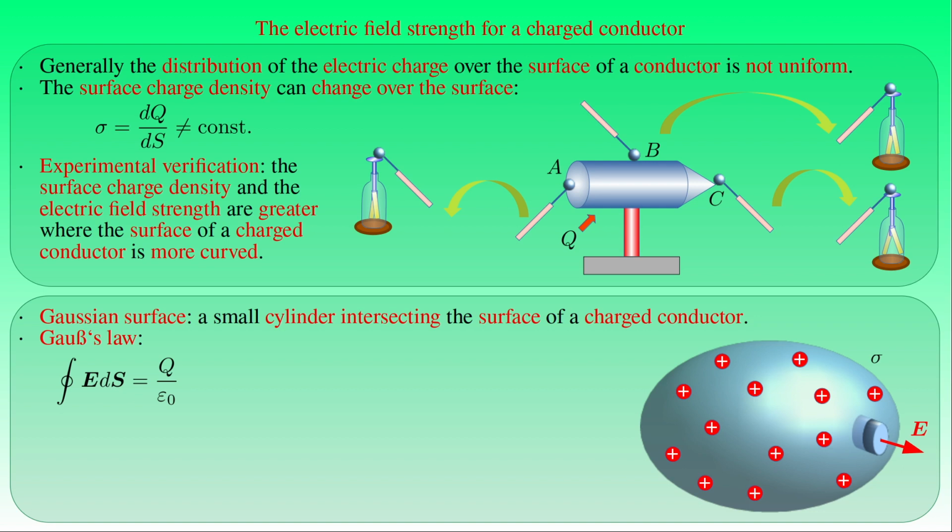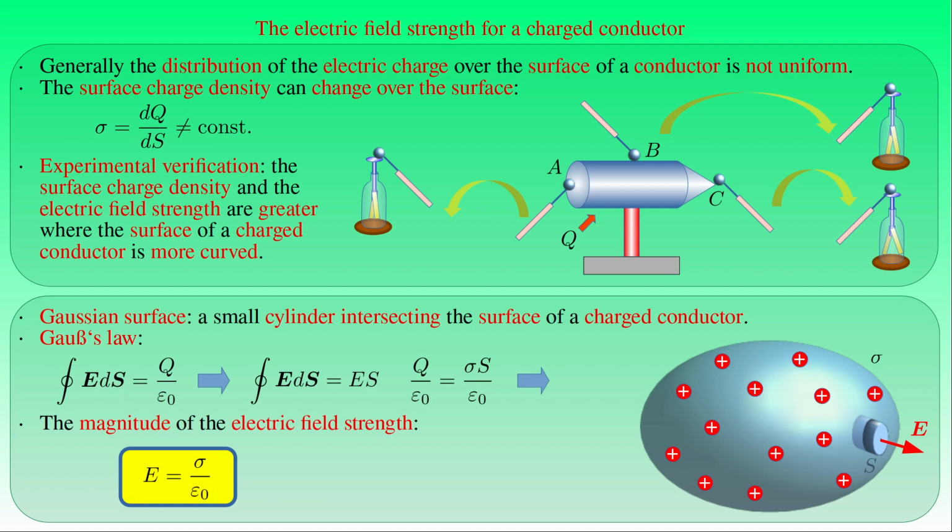On the one hand, if S is the surface area of the top of the small cylinder, then the surface integral is equal to the magnitude of the electric field strength E perpendicular to the top, times the surface area S. On the other hand, the total charge Q is given by the surface charge density sigma over the surface of the conductor times the area of the intersection of the surface of the conductor and the cylinder, which is also equal to S. Then the magnitude of the electric field E produced by the electric charge distributed over the surface of a conductor is equal to the ratio of the surface charge density sigma to the vacuum permittivity epsilon naught.